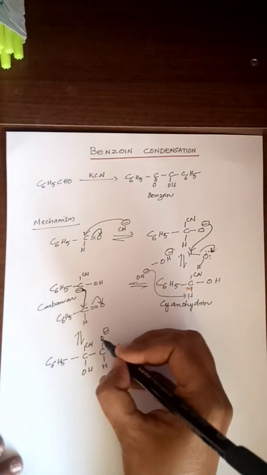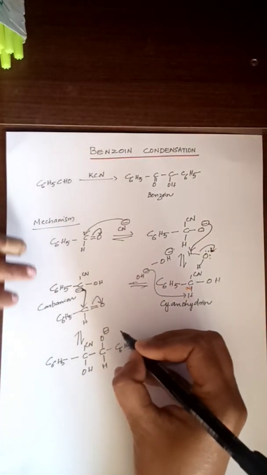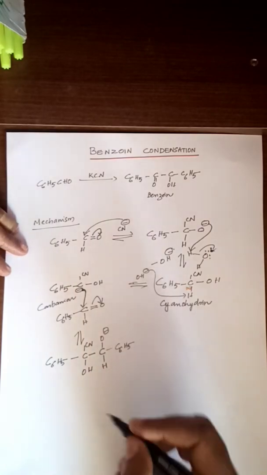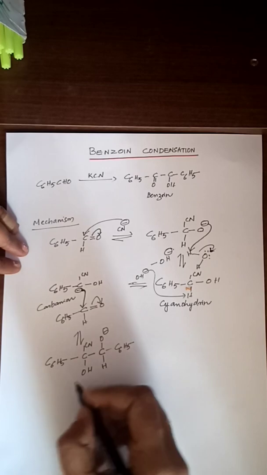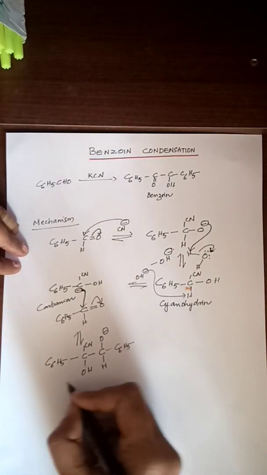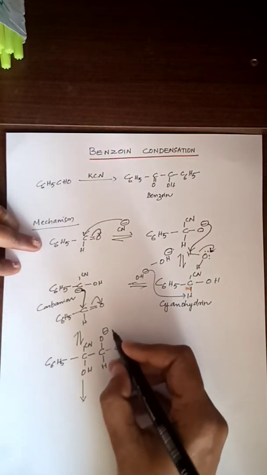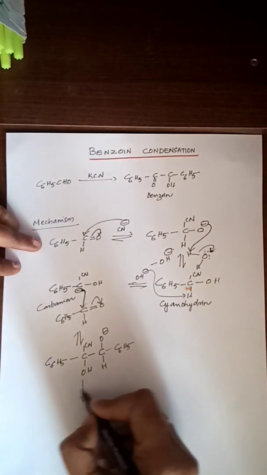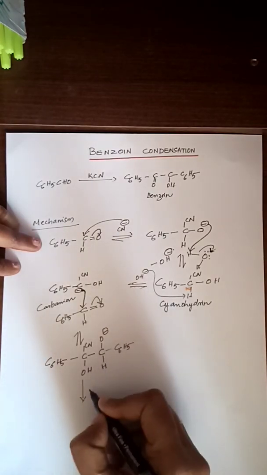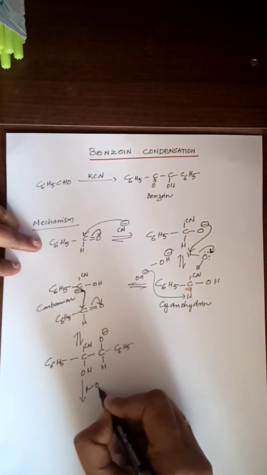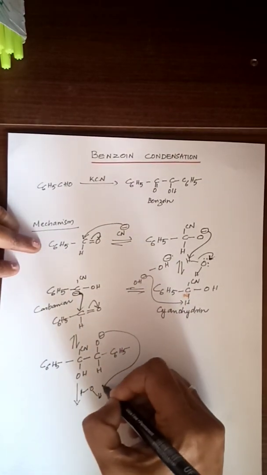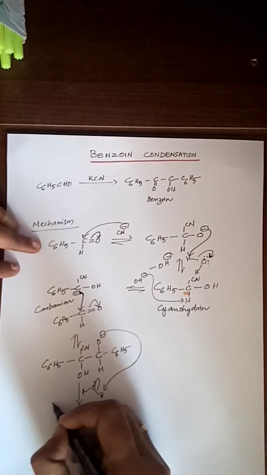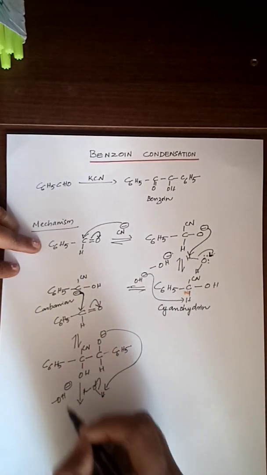Now, since O minus is there, protonation of oxygen will take place. Let us consider water here. It will donate one proton, leaving OH minus.